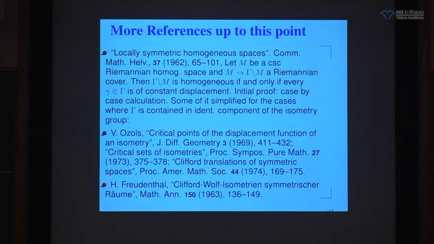Then Hans Freudenthal came up with a different proof, which handled the case where gamma is contained in the identity component of the isometry group of M. And then my student Vilnius Osels came up with a third proof, again for the case where gamma is contained in the identity component of the isometry group of M.